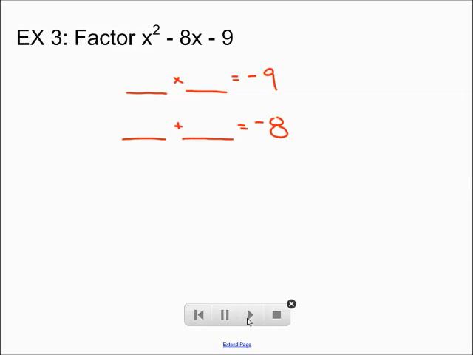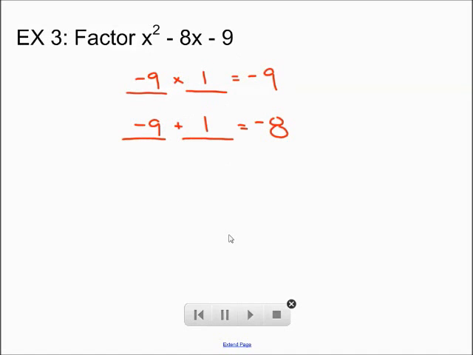So factors of -9 that add up to -8. The only way we can get -9 is for one of these values to be positive and one of them to be negative. The smaller the number, the easier it is to recognize, but by going through the factors of 9 and looking for numbers that when you subtract them you get -8, you're going to quickly realize that -9 and 1 work. -9 times 1 is -9, -9 plus 1 is -8.